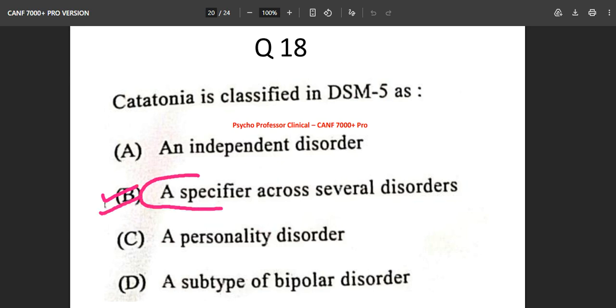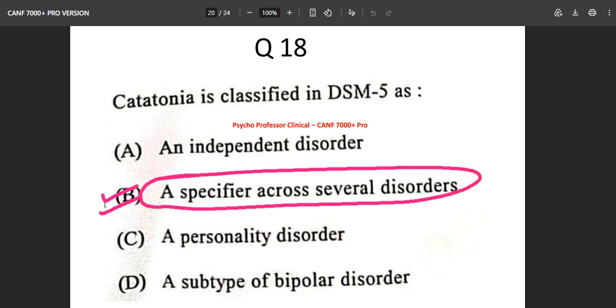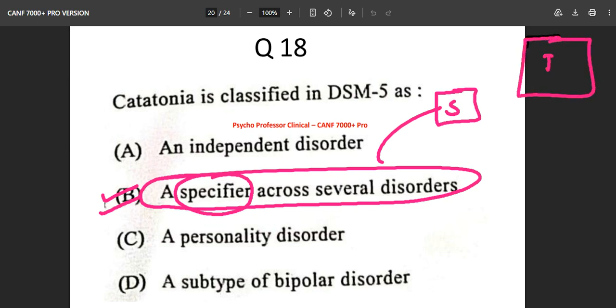It is called a specifier across several disorders. Majorly you will have this in schizophrenia and other disorders as well. Whenever you read the word specifier, always remember that apart from the diagnosis formulation, or the particular disorder we are discussing, we can also add on these things.